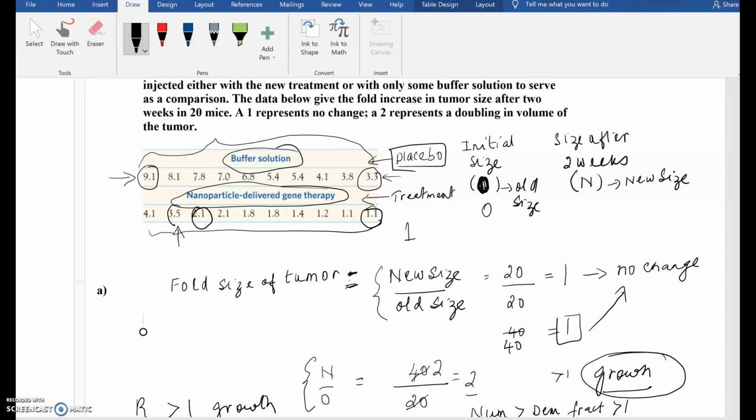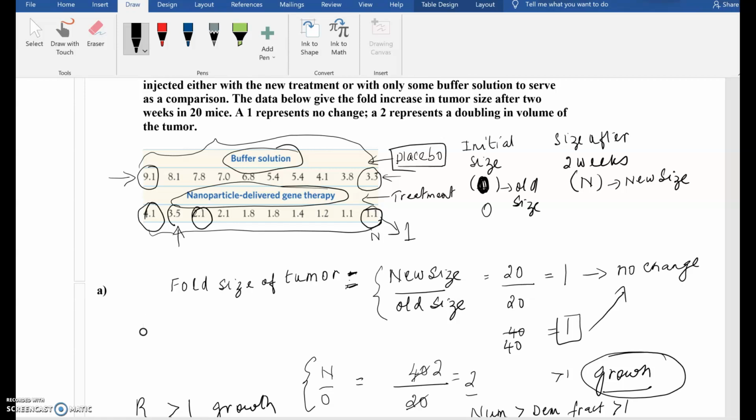So compare the numbers. Now, there was one tumor that quadrupled in size, but most of the tumors were in control, from anywhere from 1.1 to 3.5, which means anywhere from no growth, which is almost close to 1, which means the tumor didn't grow.